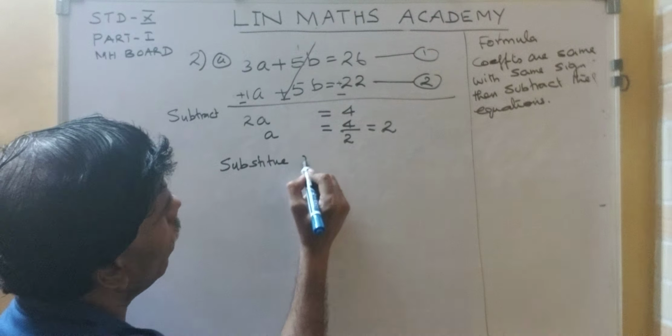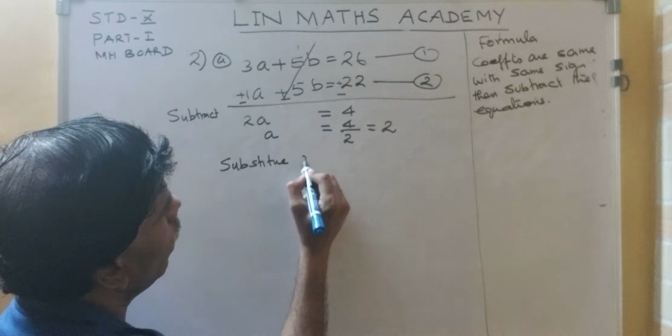3a plus 5b equal to 26. So 3 into 2 plus 5b equal to 26. So 6 plus 5b equal to 26. Therefore 5b equal to 26 minus 6, equal to 20.